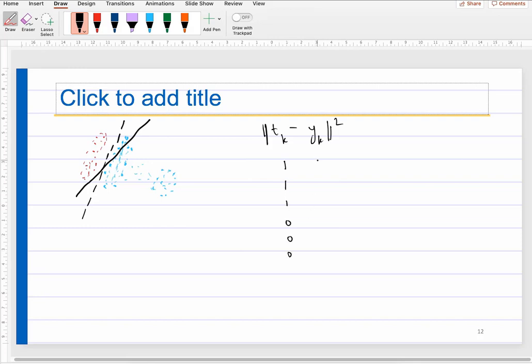Now if my y_k is larger than 1, like 5, 4, 6, and the other one is close to 0, no problem. What will happen? This error function will still get a very large value, and it does not know that these points are actually correctly classified, right?